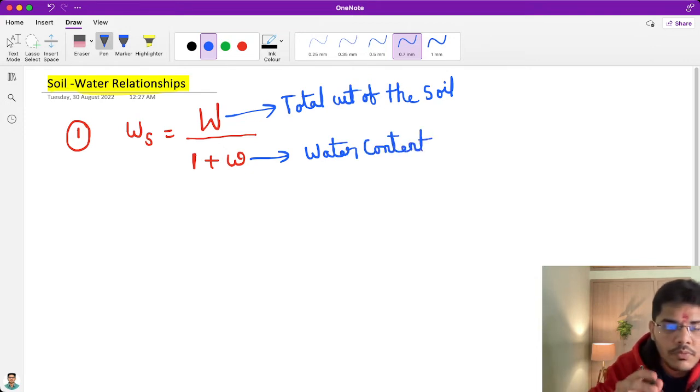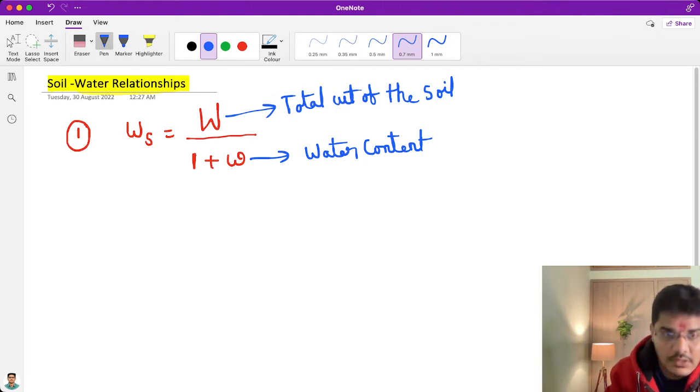So now we will derive how this formula came. For deriving, we should take either the left side part or the right side part. Just observe what is there in the right side part: total weight of the soil is there, and one more thing, water content. For deriving all the formulas, first we should draw the three phase diagram of the soil.